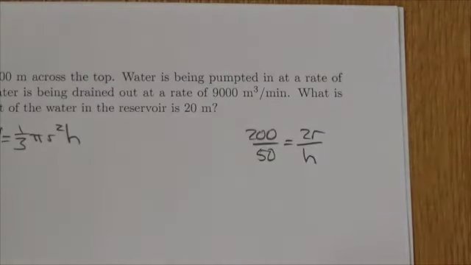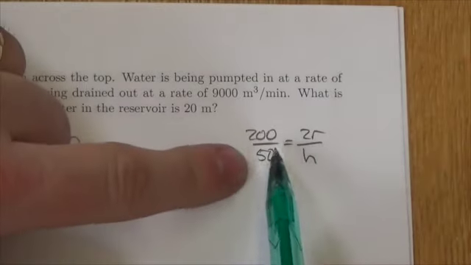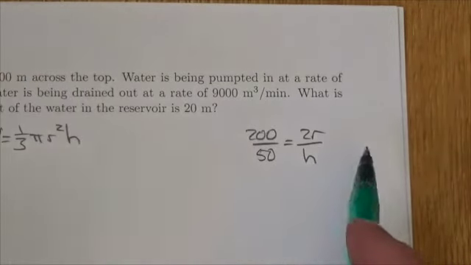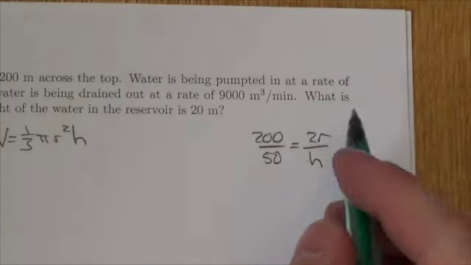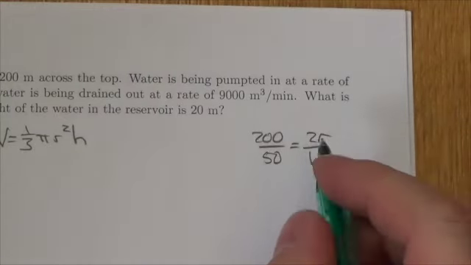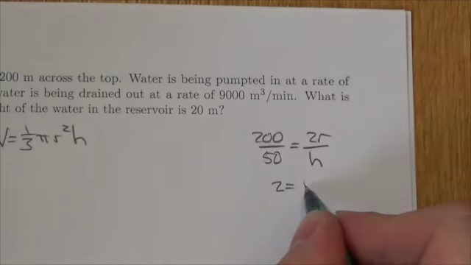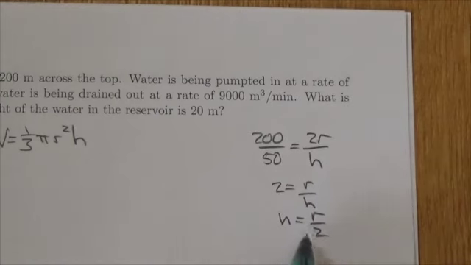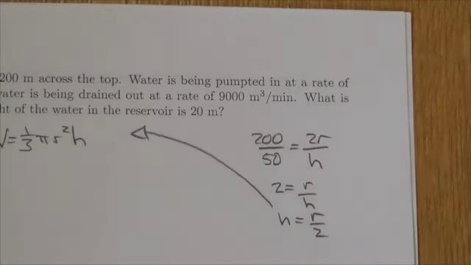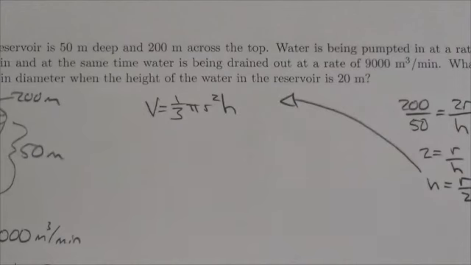This is diameter over height. Now, 200 divided by 50 is 4. Divided by that 2 is 2, which is equal to r over h, which means h is equal to r over 2.